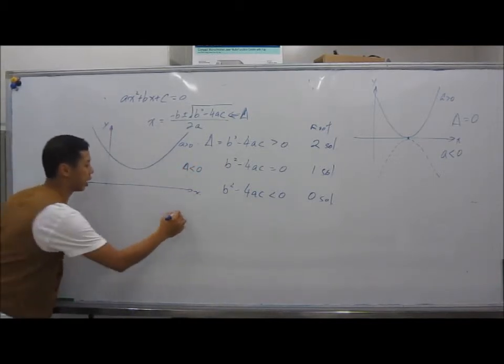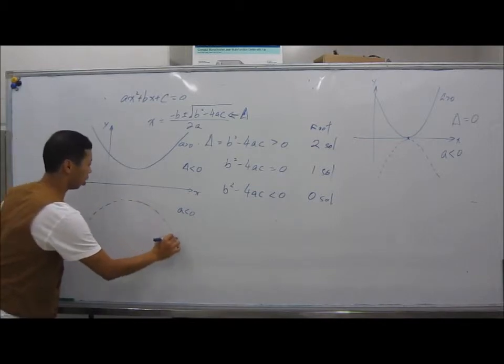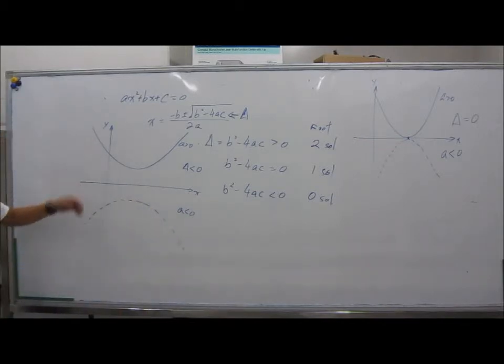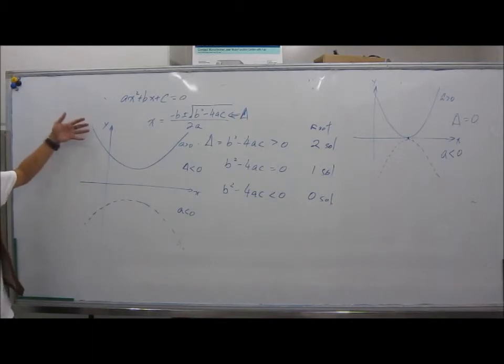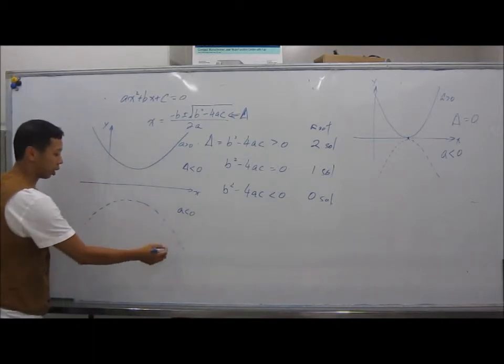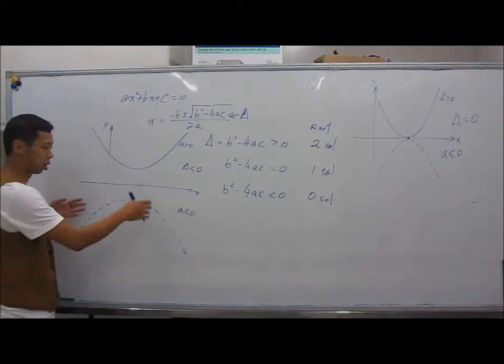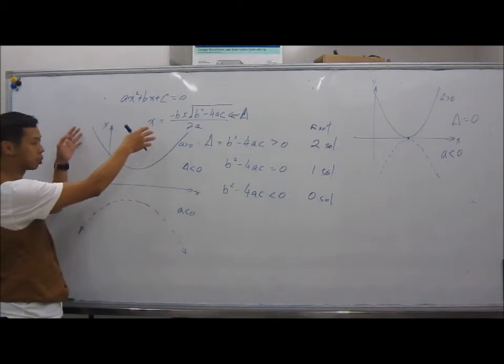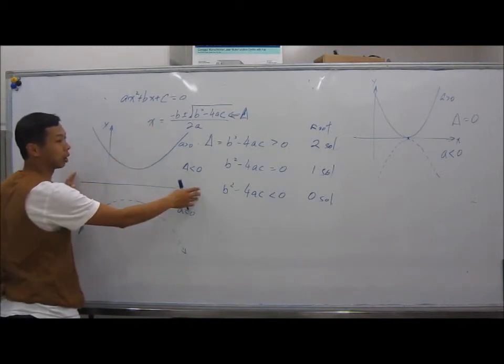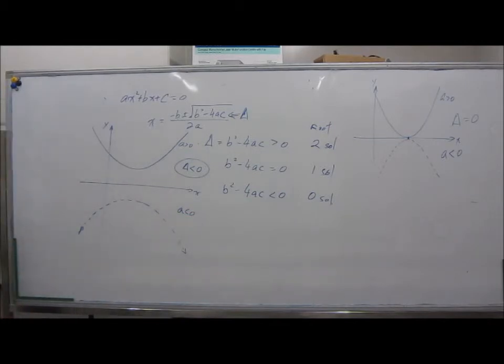And if a is smaller than 0, it looks like this. We cannot interchange it for a smaller than 0 in the upper part. Why? Because on the left and right sides the curve will always go downwards. If this part went up, that would mean two points cutting the x-axis, and delta would not be smaller than 0.